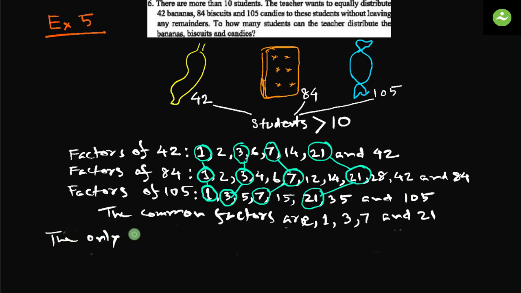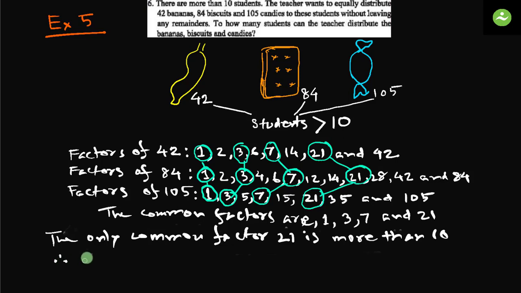The only common factor 21 is more than 10.